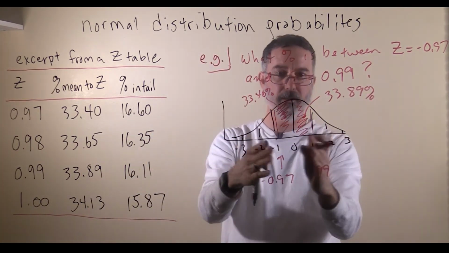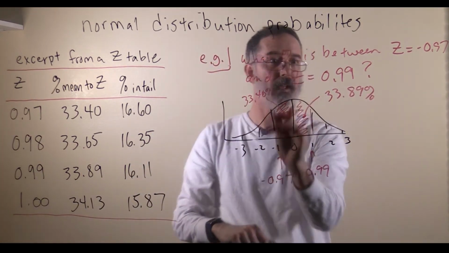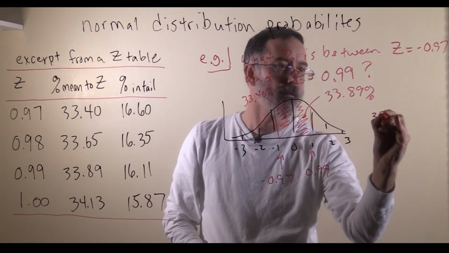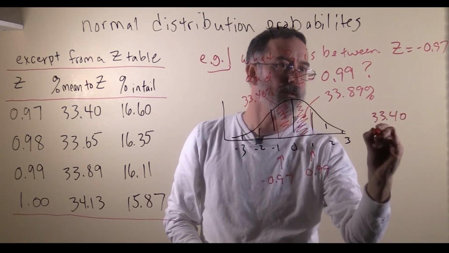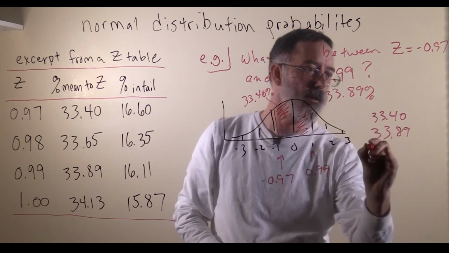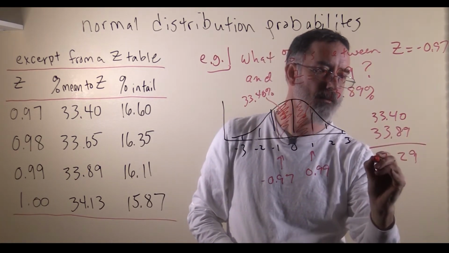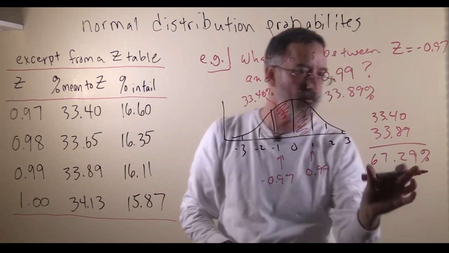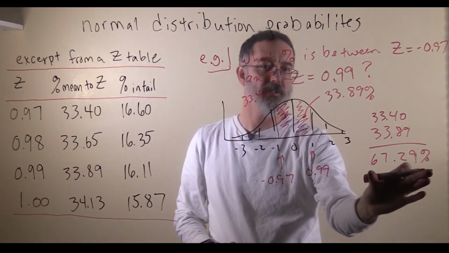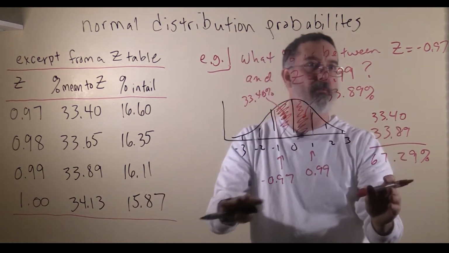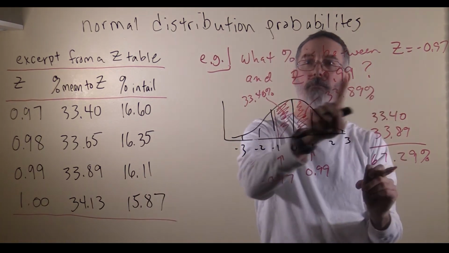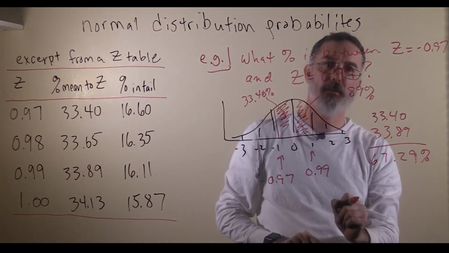The question's asking us all of that total, so we have to add these together. 33.40 plus 33.89. So 67.29% of this whole distribution is between a z-score of negative 0.97 and a z-score of 0.99.